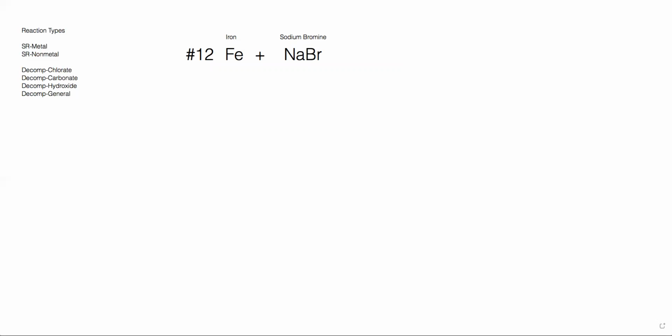Perhaps, I want to say decomp general. Well, this is going to be a single replacement because we have one thing that's going to be switching places. So the iron is going to either be switching places with the sodium or with the bromine.